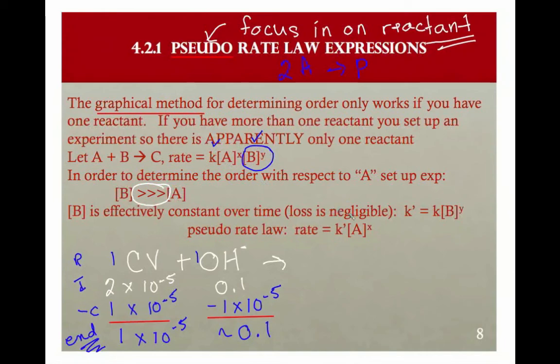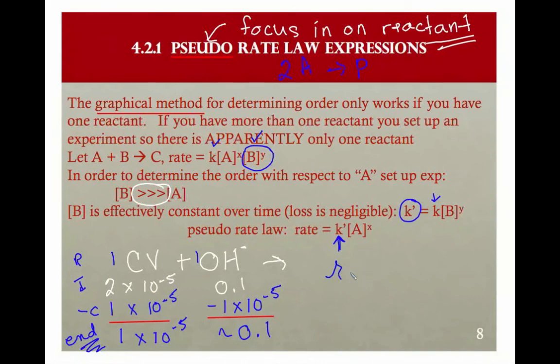So we have this constant and that constant, and what we do is we wrap them into one constant. So our second reactant is hidden in this new k that we call k prime. All a k prime is, we're distinguishing one k from another k by putting the prime there.